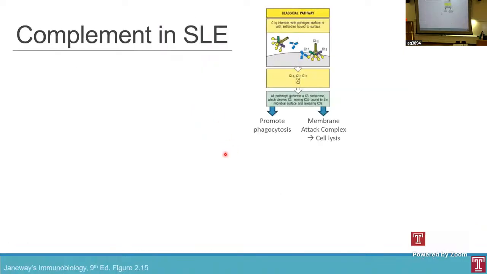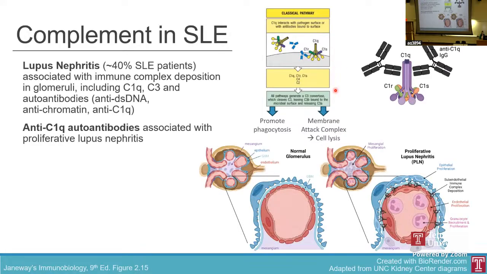This is interesting because C1q is the initiator of the classical pathway of complement. It's an innate immune response. These anti-C1q antibodies are especially interesting because they have a very high association with lupus nephritis, the subset of patients that have kidney sequelae in lupus.